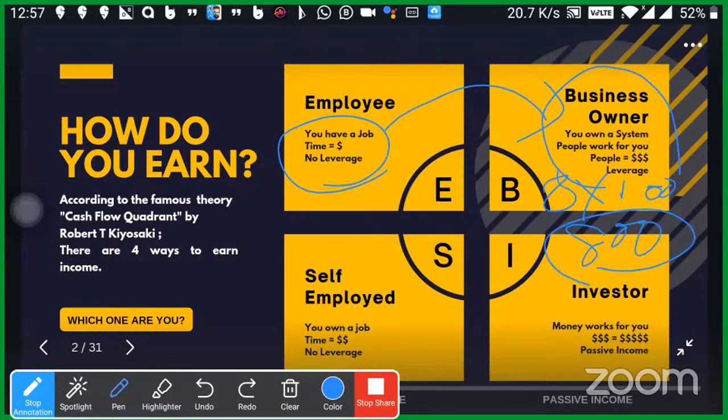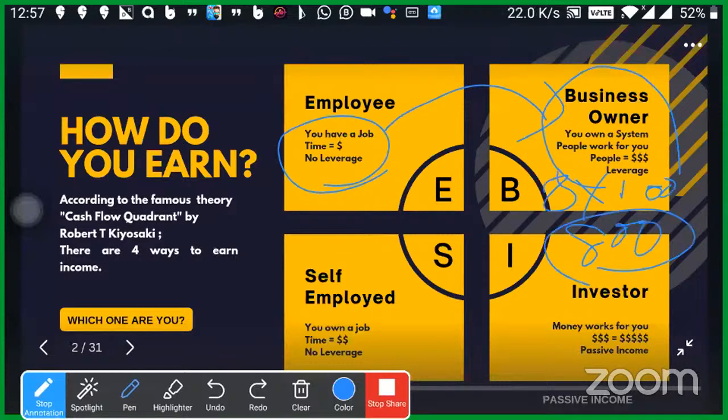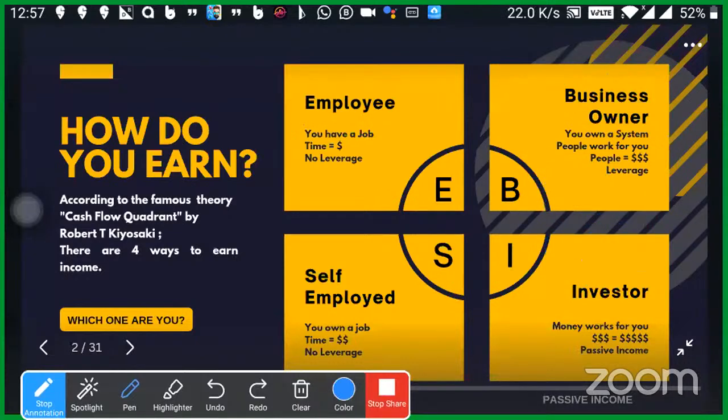You are earning an income equivalent to 800 hours in one single day. That is the power of leveraging. That is why most of the richest people in the world are either business owners or investors.